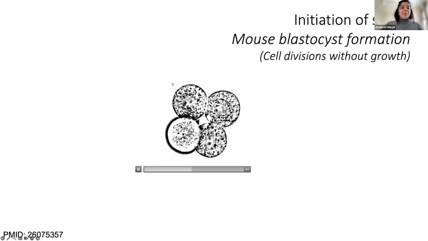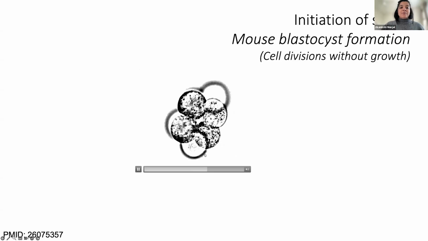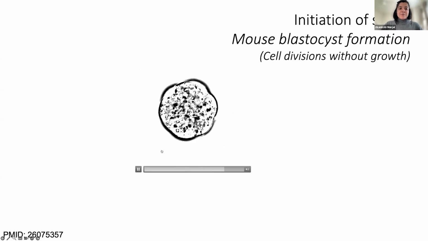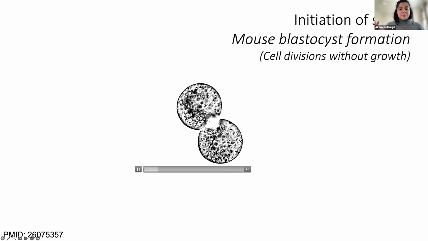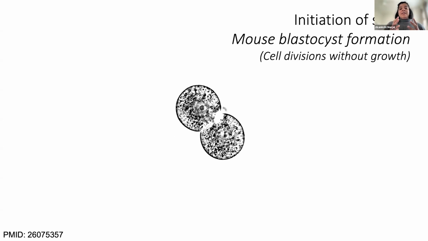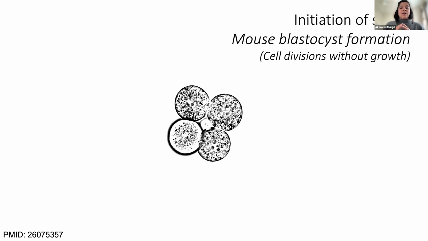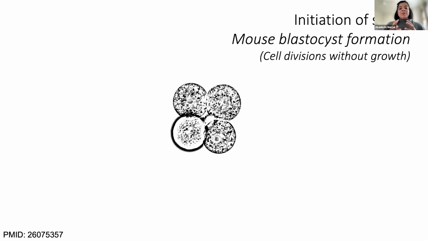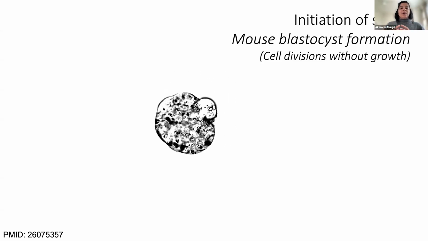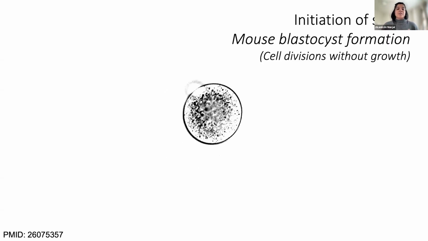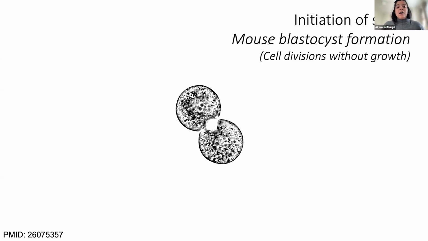You can also see at the end of this movie, there is a lumen-filled cavity that forms that gives more asymmetry to this tissue. So you already see that, starting from this simple single cell, you form a structure that has some boundaries, a lumen, some polarity.